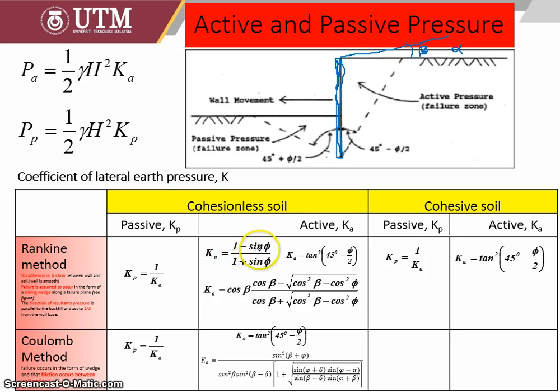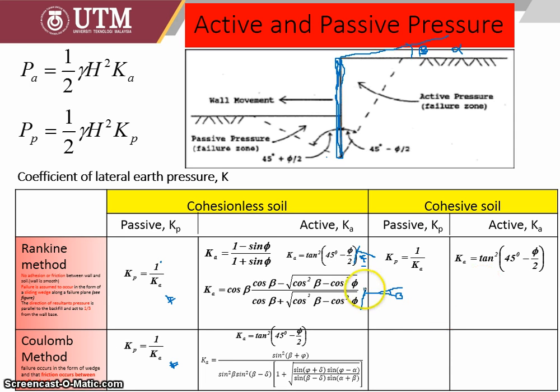Ka is equal to 1 minus sine phi, the internal friction angle, divided by 1 plus sine phi, or sometimes simplified as tangent to the power of 2 of 45 degrees minus phi divided by 2. And Kp is the inverse of Ka, 1 over Ka. So Ka can be very simple if we have flat soil, but it can also be quite lengthy if we have a beta.